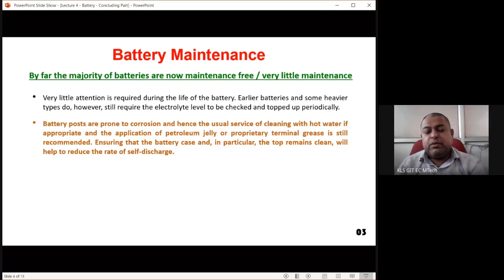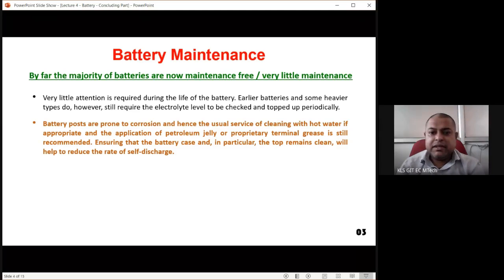This is a very important thing. Battery posts are prone to corrosion. The two points between which we measure the battery voltage, positive and negative, are called posts, and they are prone to corrosion. Hence we find some deposits on the posts, and the usual service of cleaning with hot water if appropriate, and the application of petroleum jelly, is still recommended.